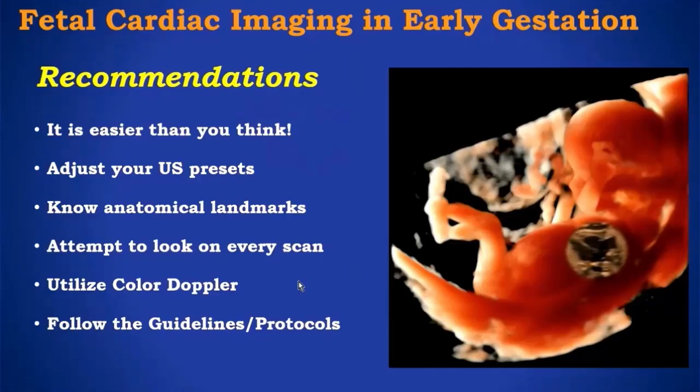And also it's important to remember all the anatomical landmarks. Keep in mind that the axial plane is very important, and you need to make sure that you have a complete grip on each side of the chest when you're looking for that. Utilize the color Doppler, in particular the slow flow. That would be my personal advice. And then, of course, follow the guidelines and the protocols.